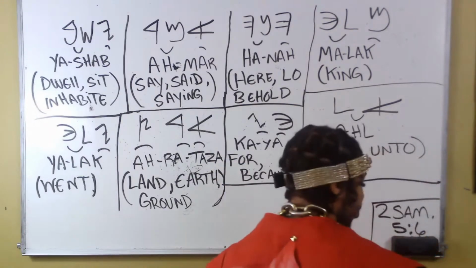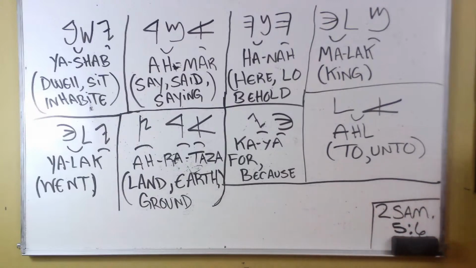It's also used as go as well, but not that often. They'll just say halak, which means walk or go, and they'll usually say Yalak, which means went. Okay? So y'all should have those down.